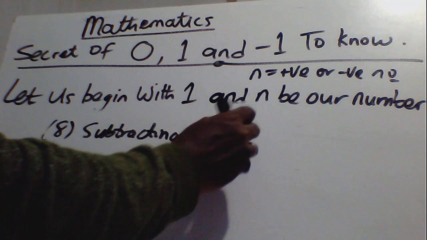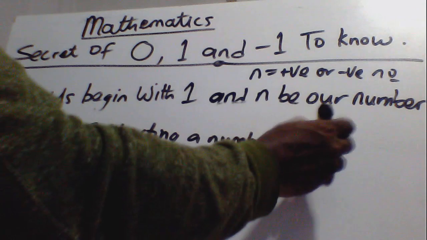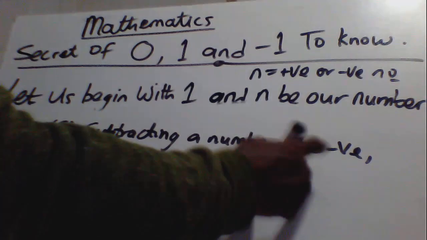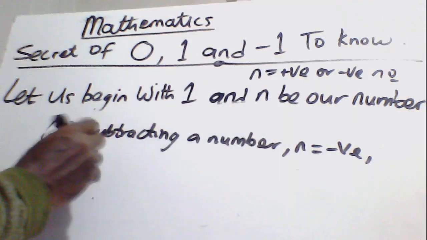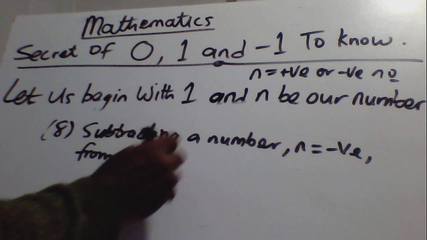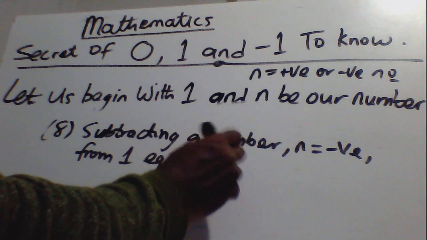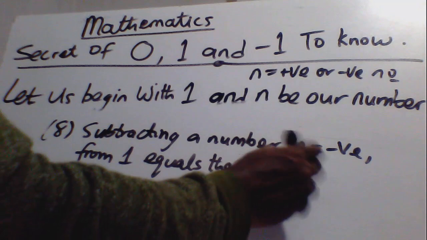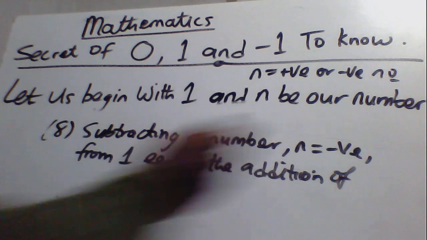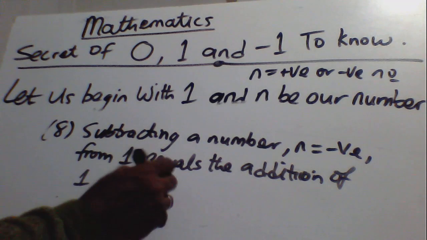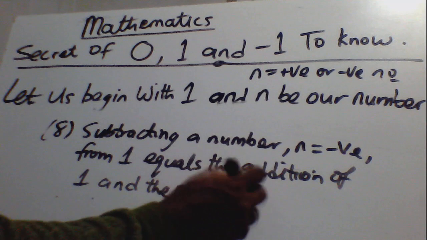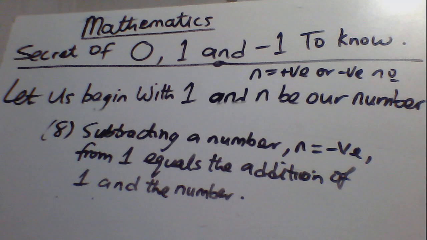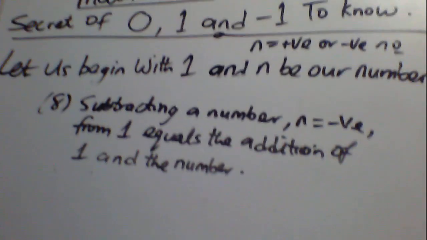Subtracting a number n, in this case a negative number, from 1 equals the addition of 1 and the number.